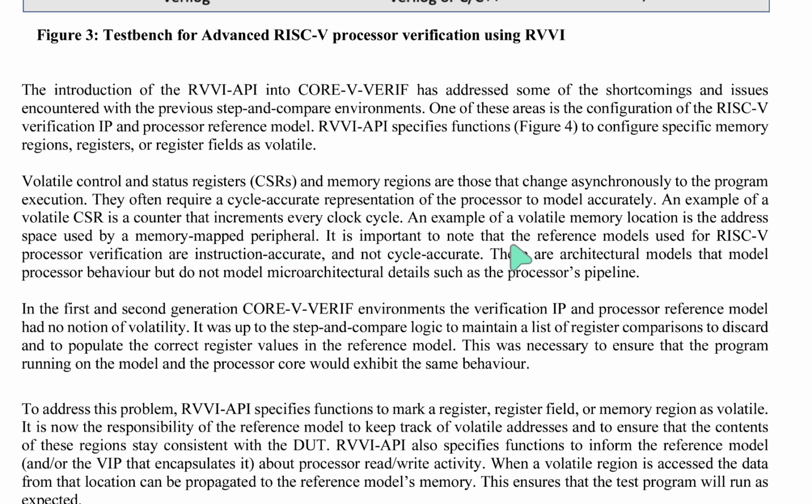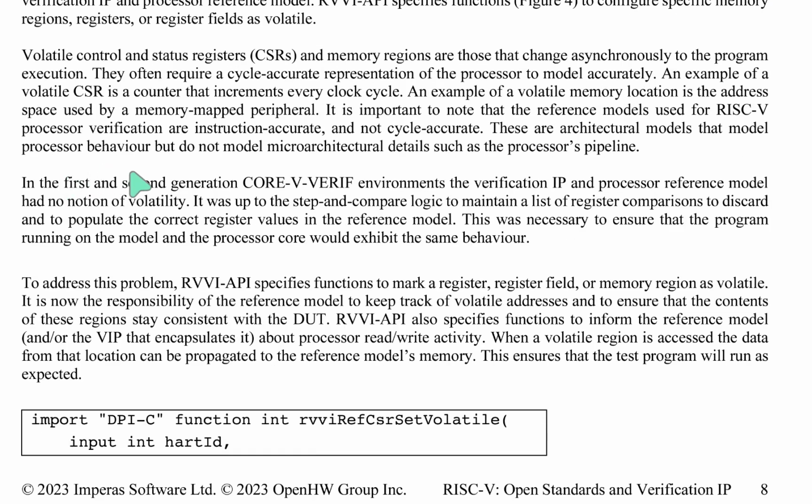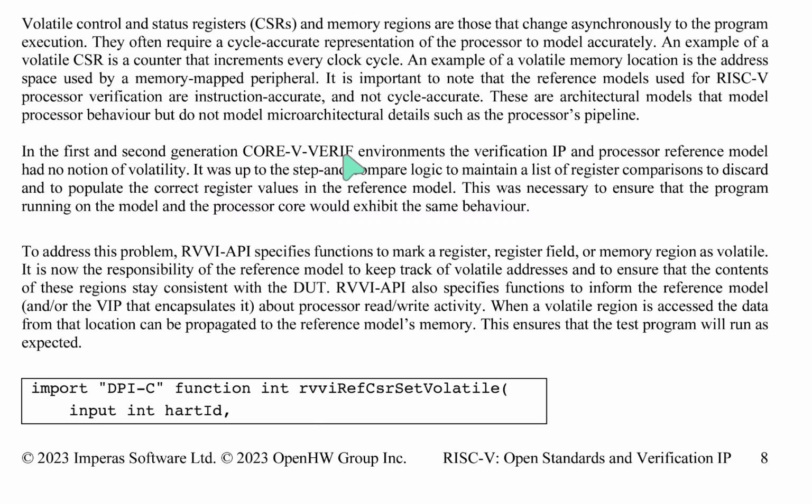It's important to note that the reference models used for RISC-V processor verification are instruction accurate and not cycle accurate. So these are architectural models that model processor behavior, but do not model microarchitecture details such as the processor's pipeline. In the first and second generation of the CORE-V-VERIF environment, the verification IP and processor reference model had no notion of volatility.